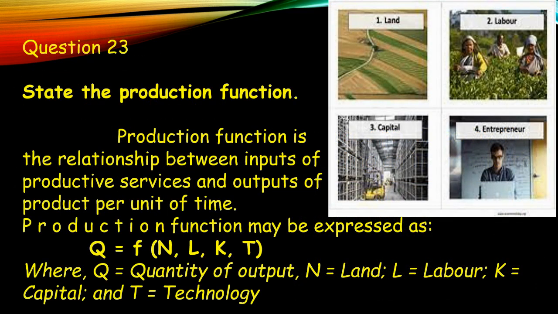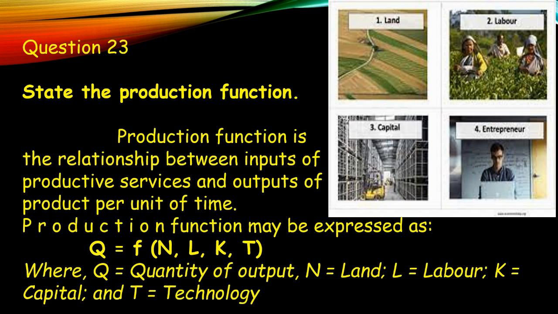Let's learn the third question. State the production function. Production function is a relationship between the input of productive service and output of product per unit of time. The relationship between input and output is called the production function.